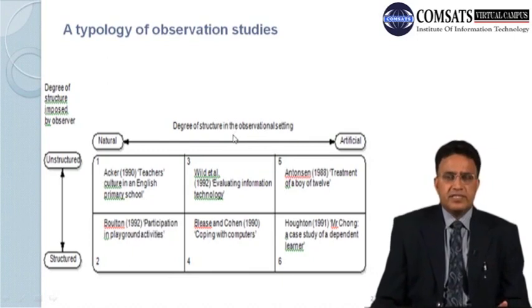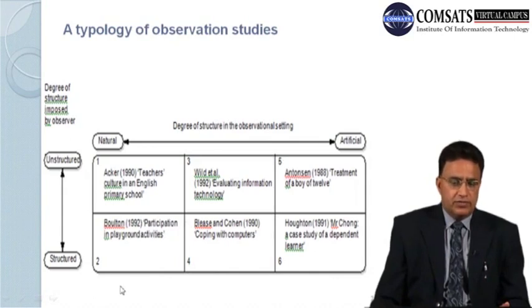The studies which I just discussed are summarized in this diagram. The first was Acre 1990, where the teacher's culture in an English primary school was the focus. That is cell number 1 here, and that is towards a natural setting, and it was unstructured.